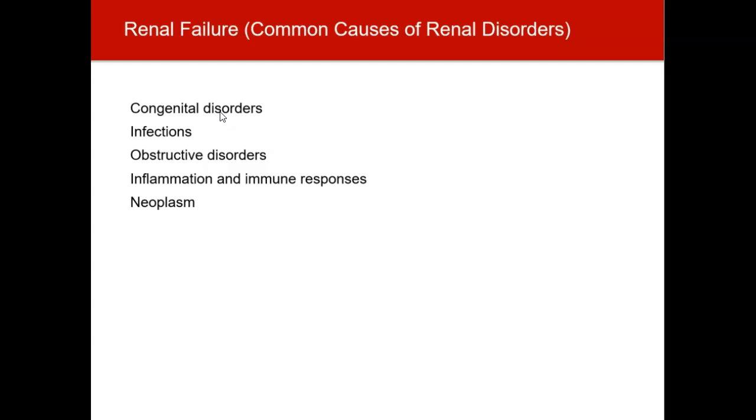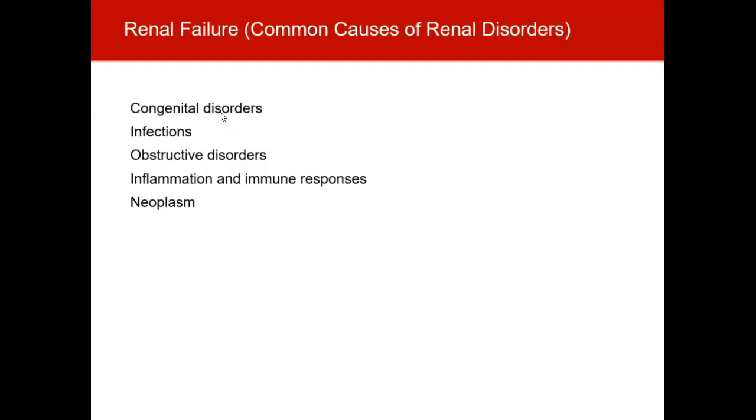There could be kidney stones. Normal pregnancy is going to obstruct your urinary flow. Different types of infections and inflammation, and neurological disorders, all of those can obstruct your flow of urine and cause issues, like back pressure in the kidneys.